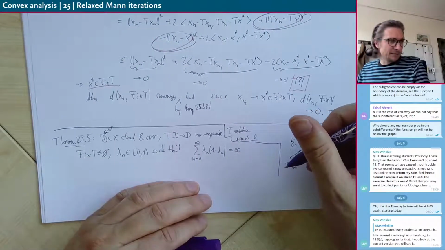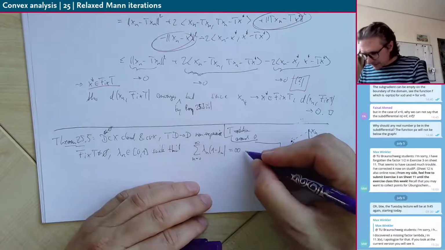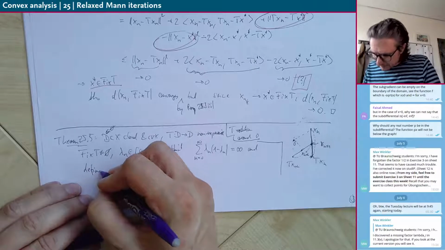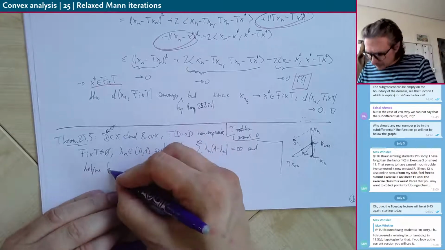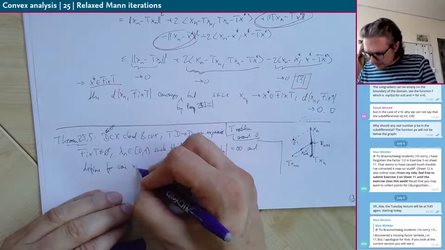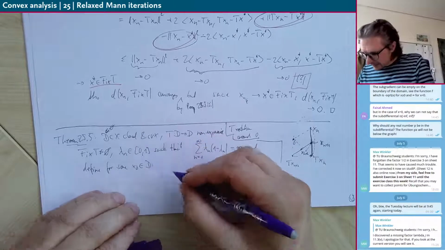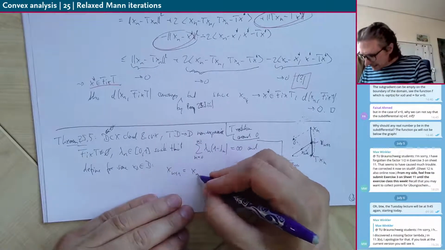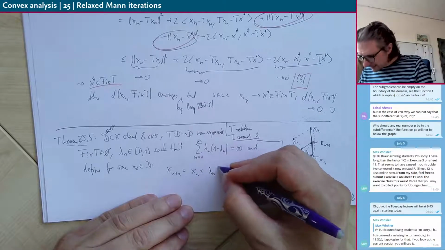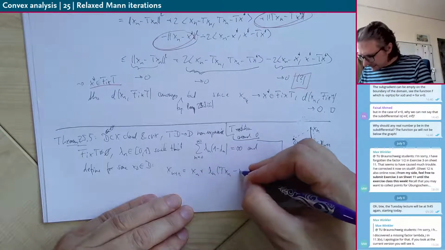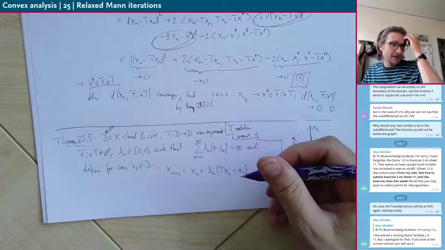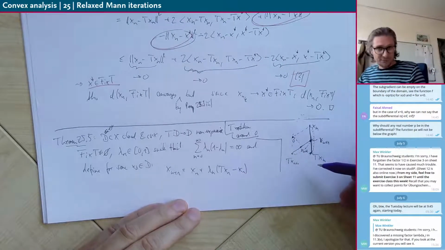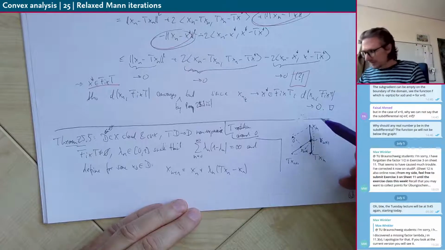Okay, and we define, for some x0 in D, the iteration xn plus 1 equals xn plus lambda n (T xn minus xn). And this is a fixed convex combination of xn and T xn.